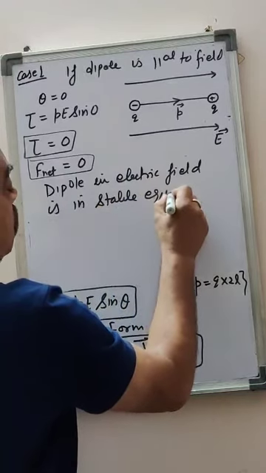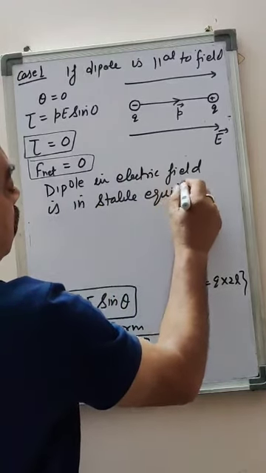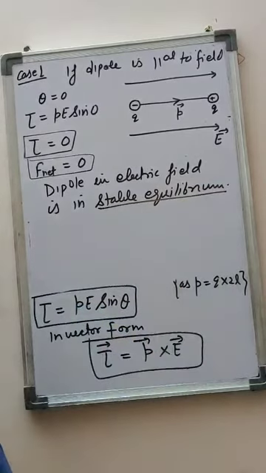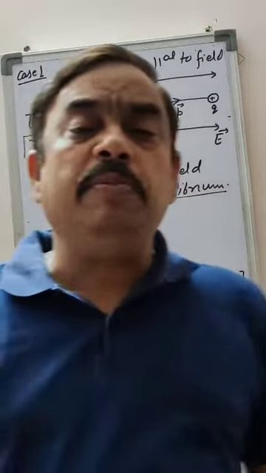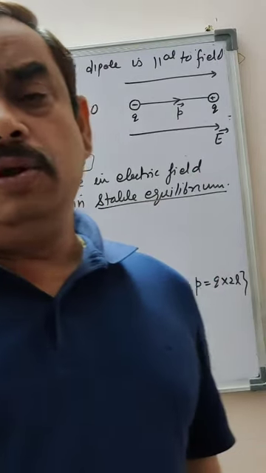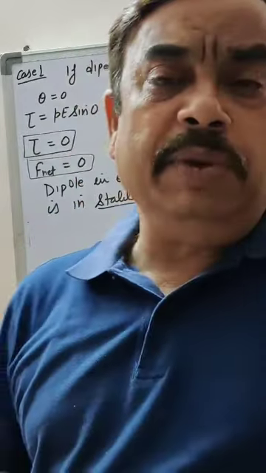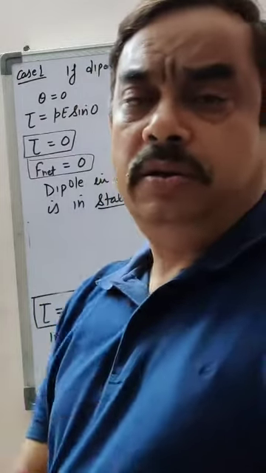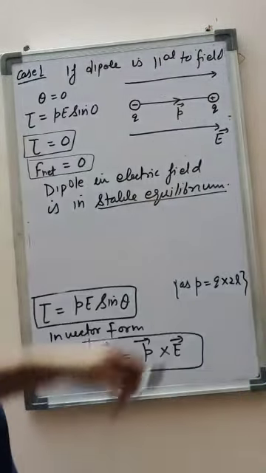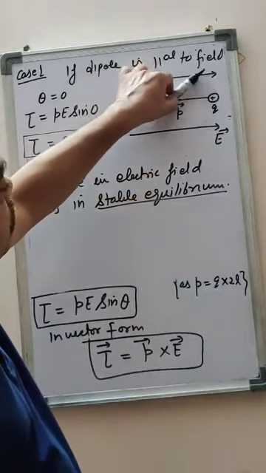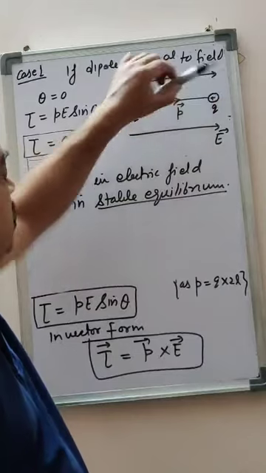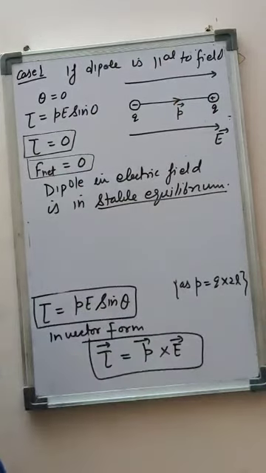You may have the question: in which orientation is the dipole in stable equilibrium in a uniform electric field? So it will be in stable equilibrium in a uniform electric field when it is parallel to the field. Stable equilibrium means if you disturb it from its position, then on leaving it will come back to the original position. So this is the stable equilibrium position of the dipole.